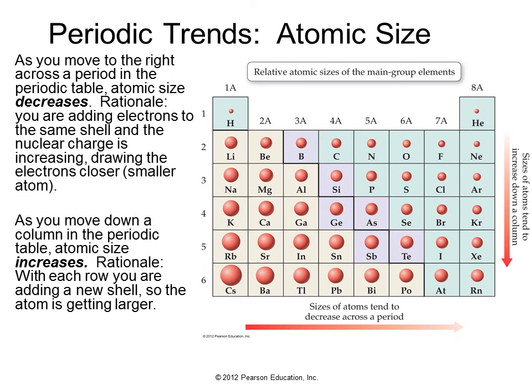Therefore, what is happening is the nuclear charge is increasing, drawing the electrons closer, and the electrons being added are to the same shell. Now when you go down the periodic table, the size increases because here in lithium, the outer electron's in the second shell, and then the next, in sodium, you put it in the third shell. That makes the atom bigger. Fourth shell.